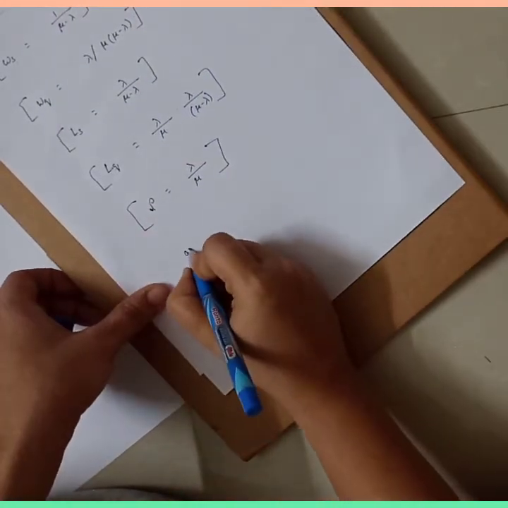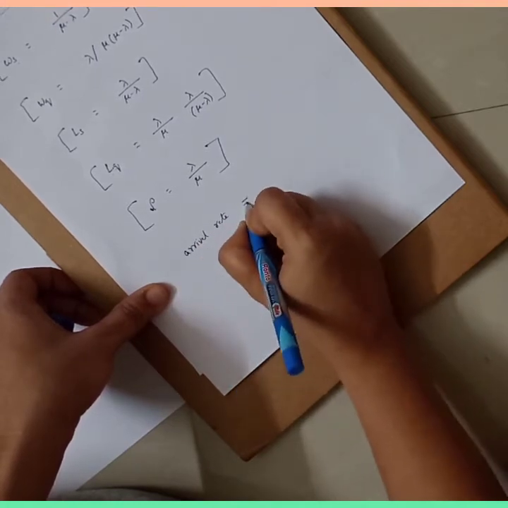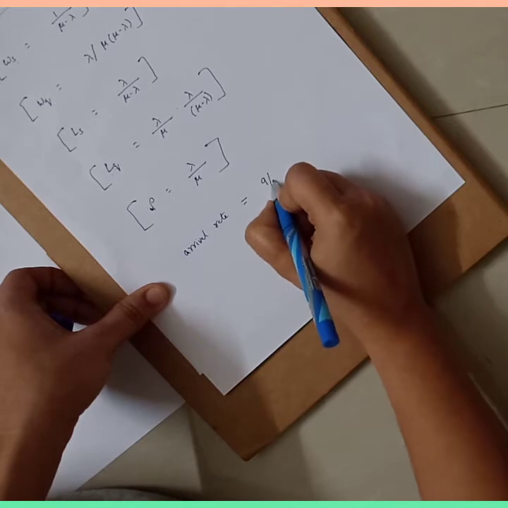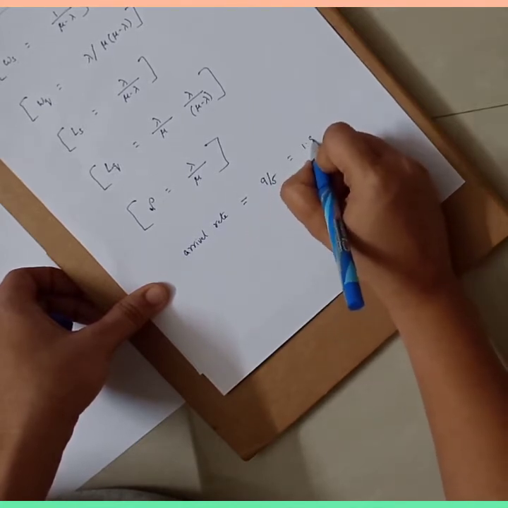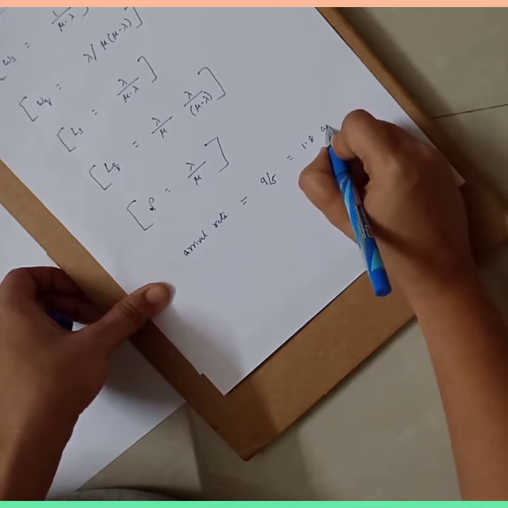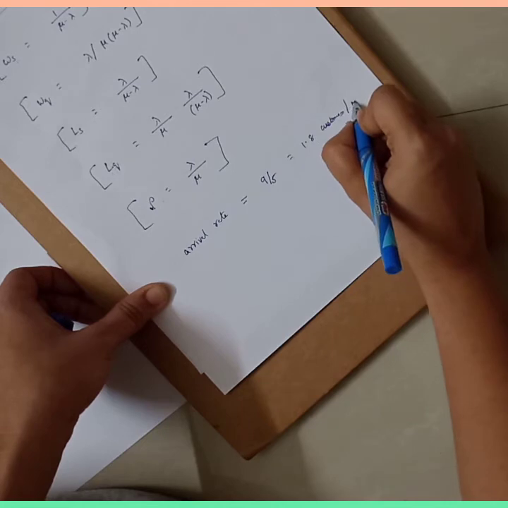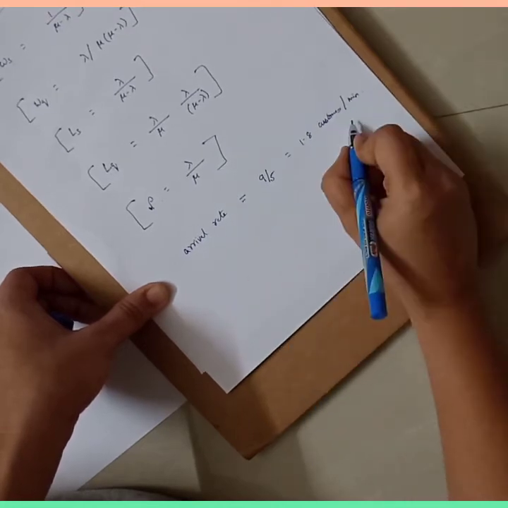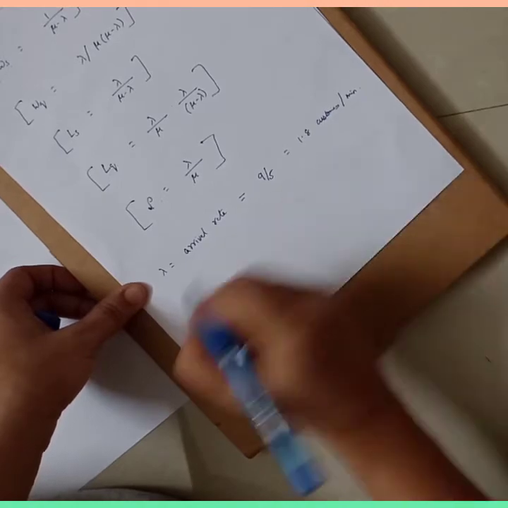So arrival rate is equal to 9 divided by 5. Yes or no? So we get 1.8 customers per minute. This is your arrival rate. And what is arrival rate? That is lambda. Lambda is equal to arrival rate.